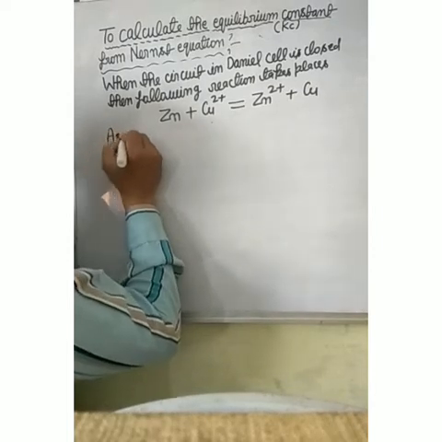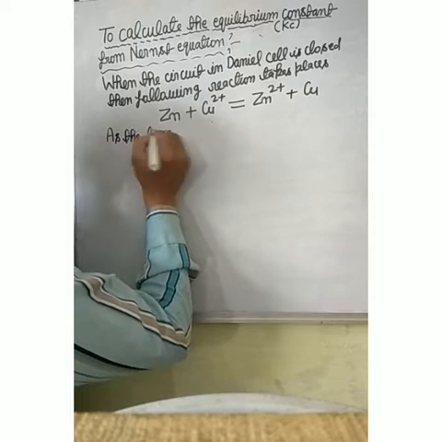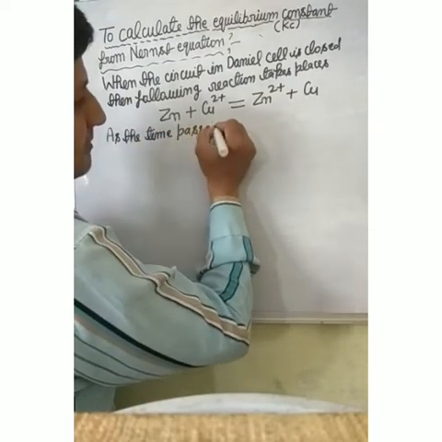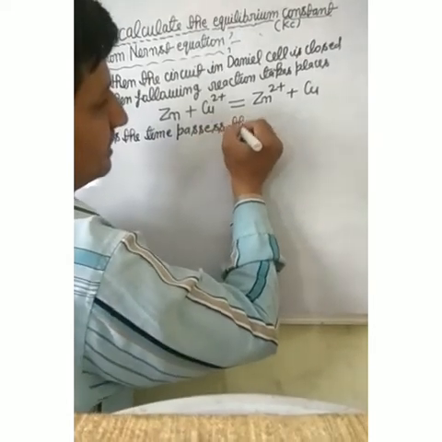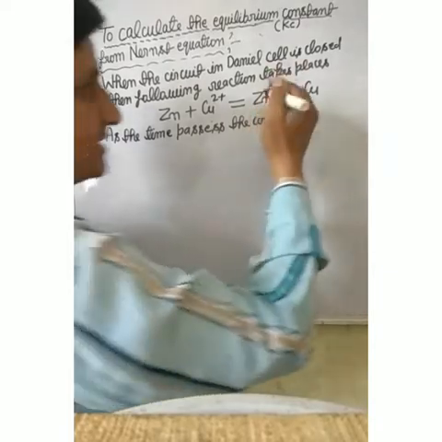As the time passes, the concentration, look here, zinc ion is produced, so we can say concentration of zinc ion increases.